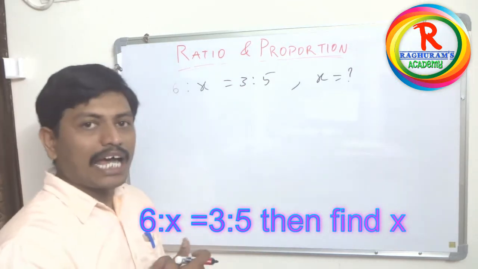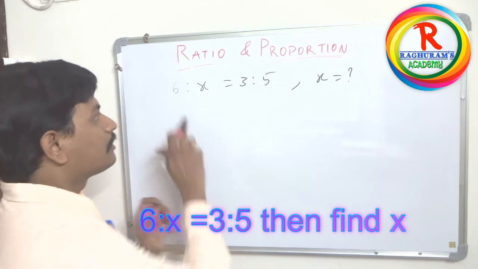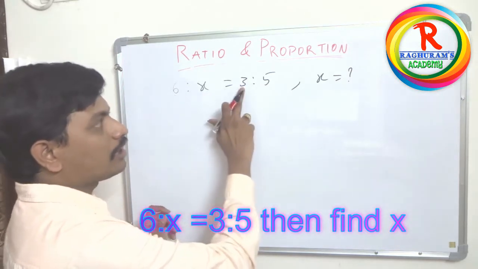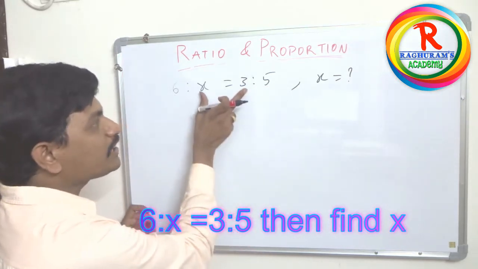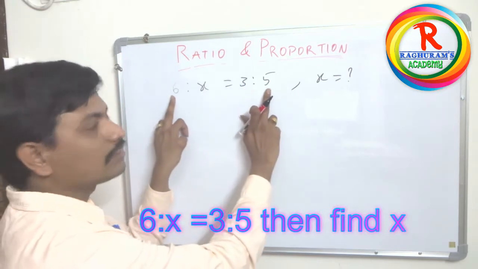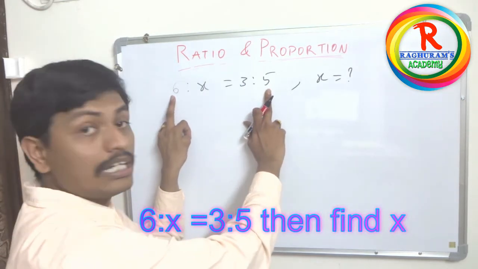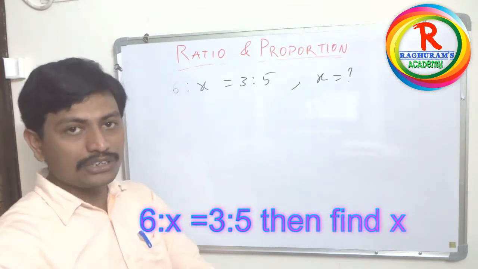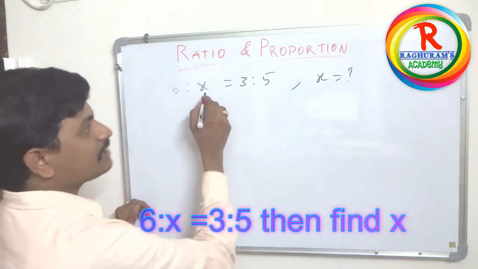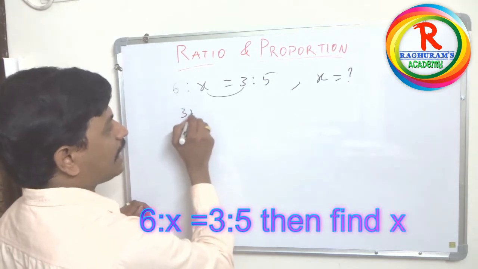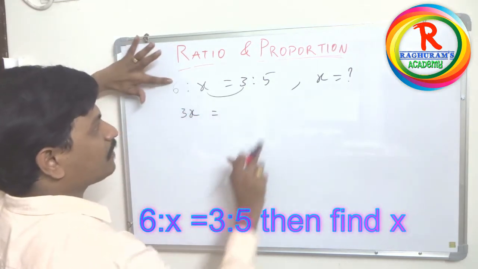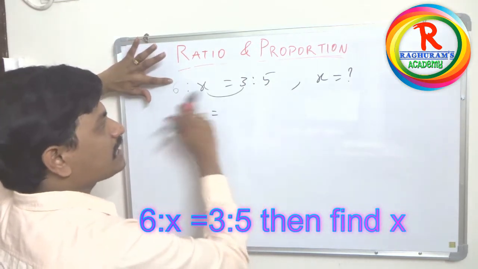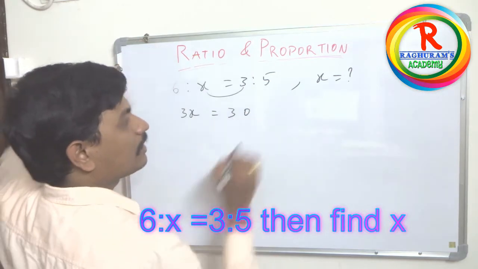In the first part I explained first proportion, second proportion, third proportion, fourth proportion. The middle two are called means, and the first and fourth proportions are called extremes. The point is: product of means is equal to product of extremes. Means, that is x into 3, that is 3x, is equal to extremes, that is first and fourth, 6 fives are 30.